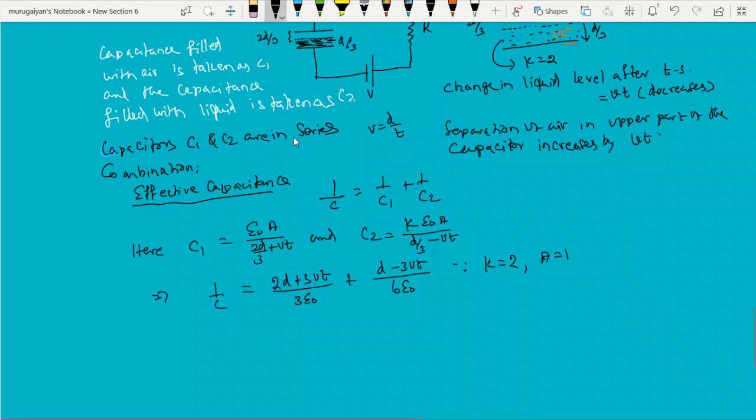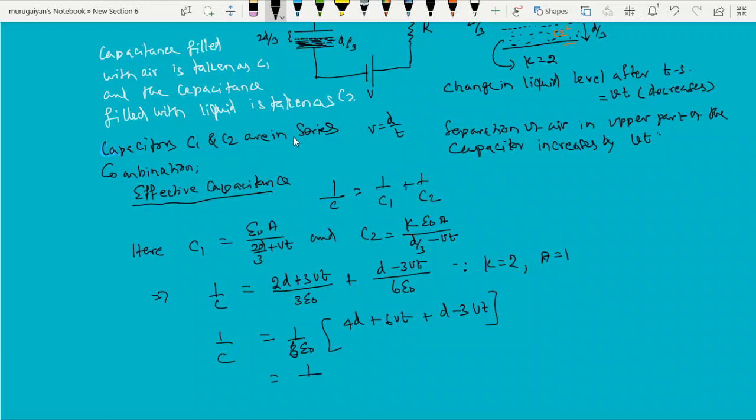So 1 by C equals 1 by 6 epsilon naught, taking 6 epsilon naught common, times (4D plus 6Vt plus D minus 3Vt).